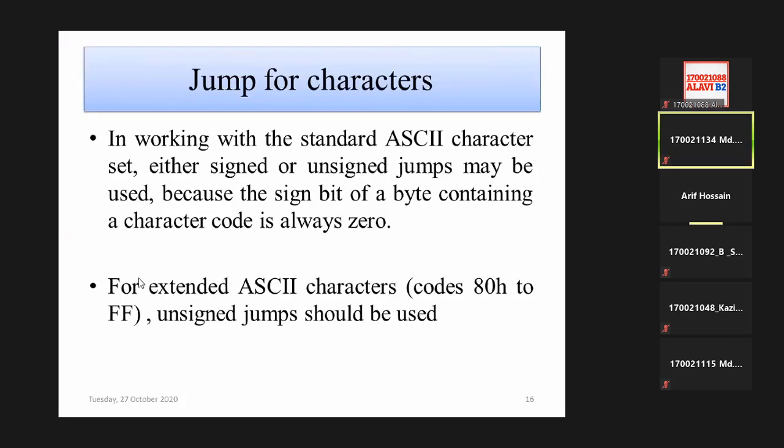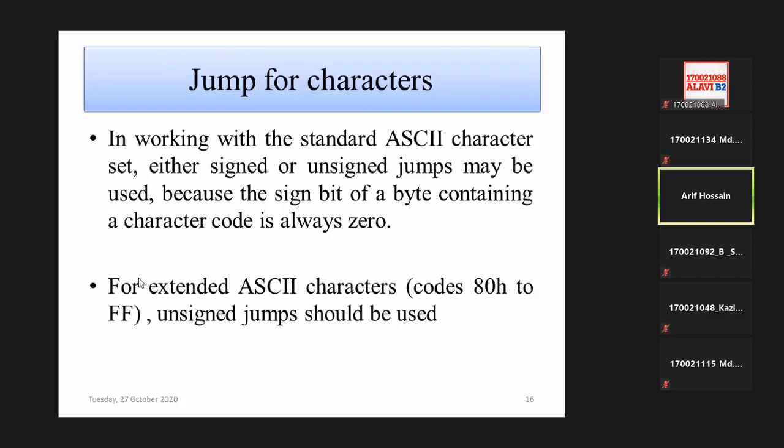Okay, let's move on. Now, this is a jump for characters. If you know, each character has an ASCII value. It was already covered in your previous labs, isn't it? You already know. Each character has an ASCII value. So if the sign bit of the ASCII value of a character is 0, then you can use either signed jump or unsigned jump.